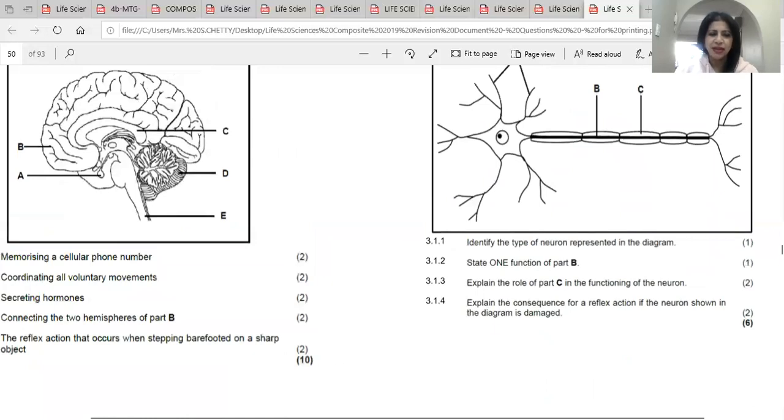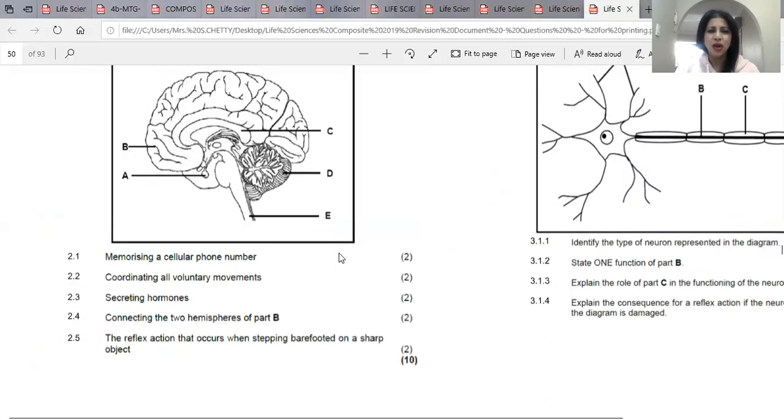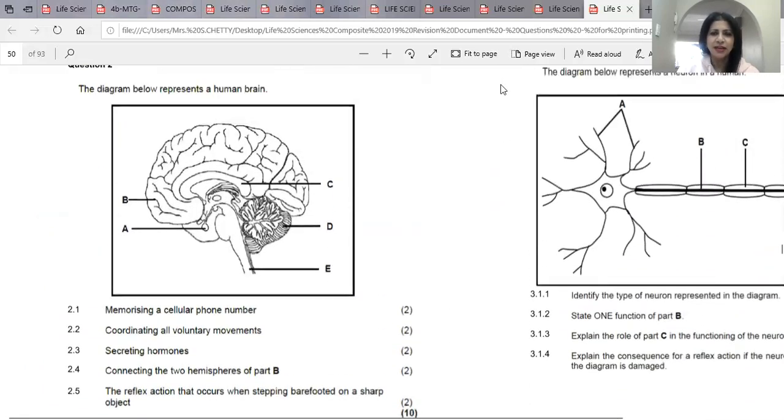Good. Now let's look at one more question on the brain before we'll be looking at another part. And so, my darling, we are looking at this particular question. Once again, let's quickly run through all these labels.